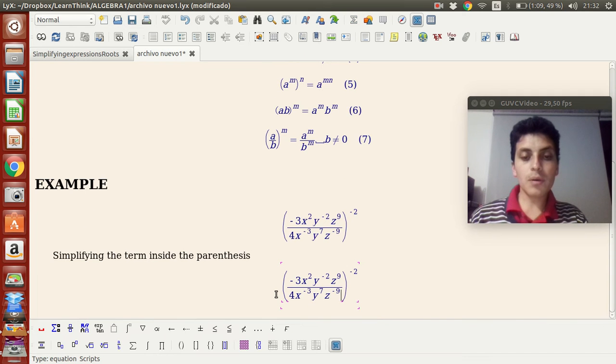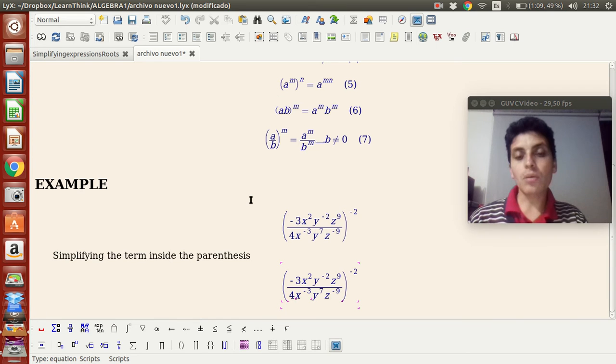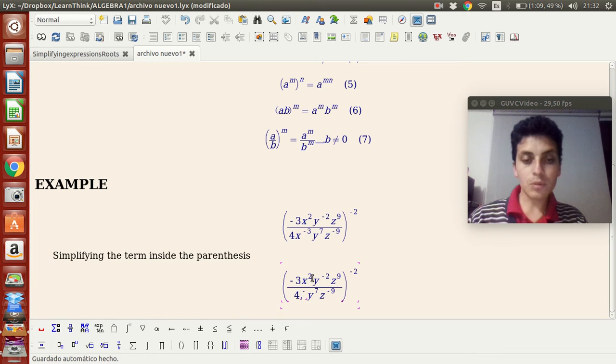So how am I going to simplify it? Look, we have the same base in x, but different exponents, 2 and negative 3. So we have to subtract using this property. We can erase this x here, we don't need it anymore. We write 2 minus negative 3.